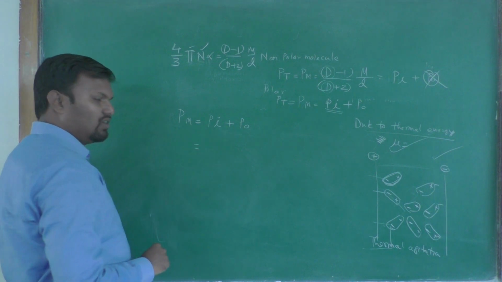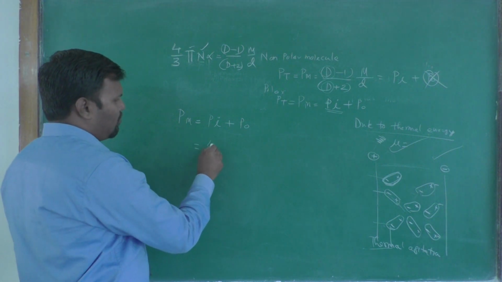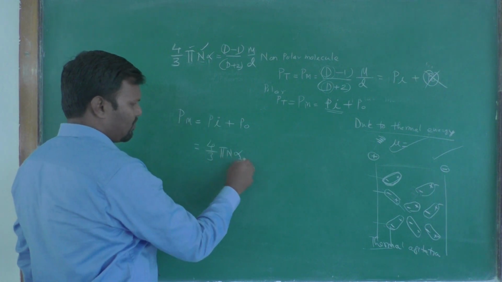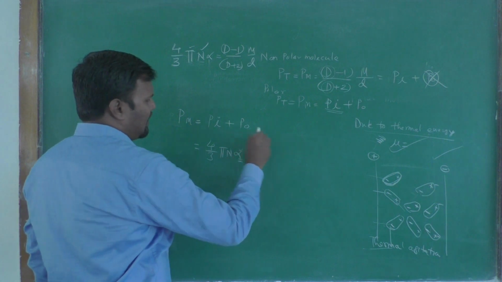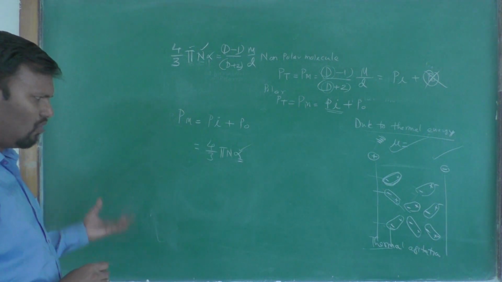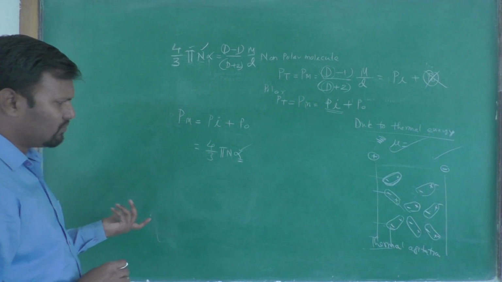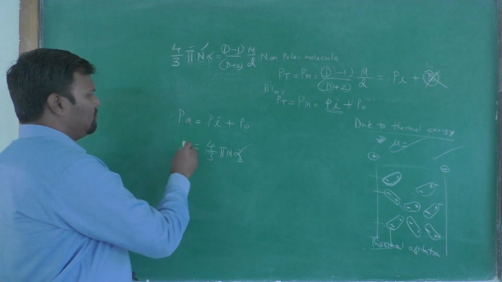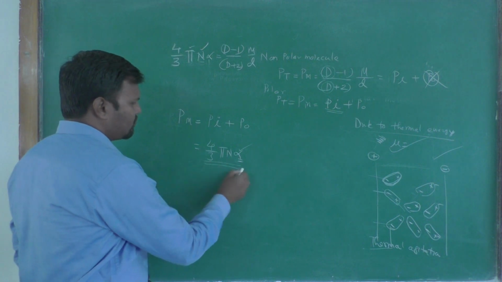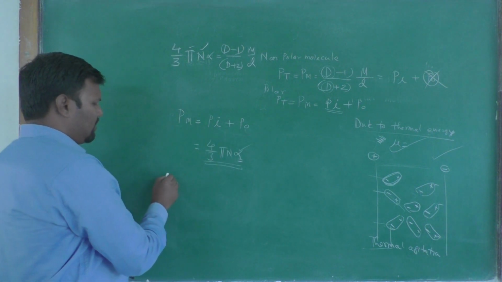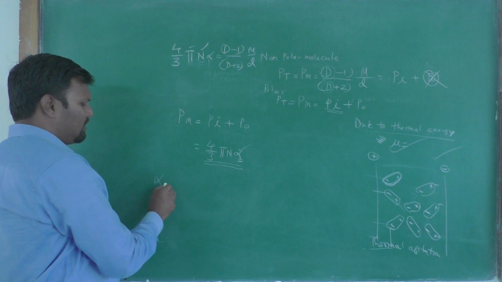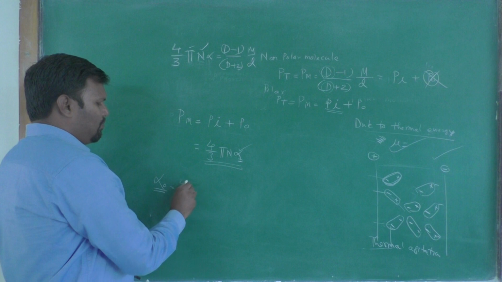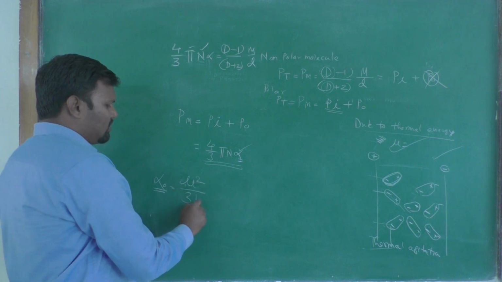Induced polarization is given by the equation 4/3 pi n alpha, which is the polarizability or deformability of the molecule. For the orientation polarization, alpha orientation is equal to mu square upon 3kT.